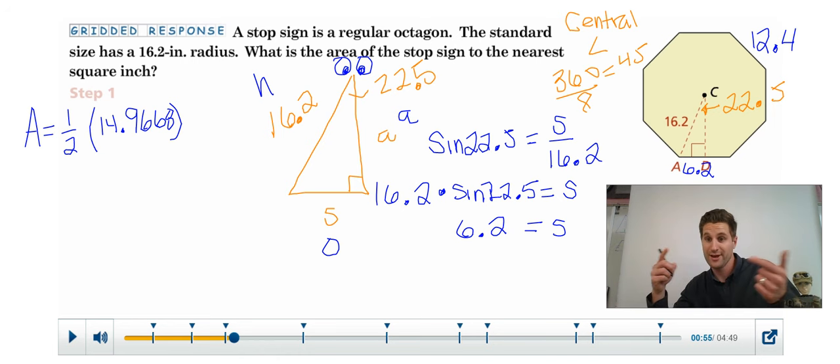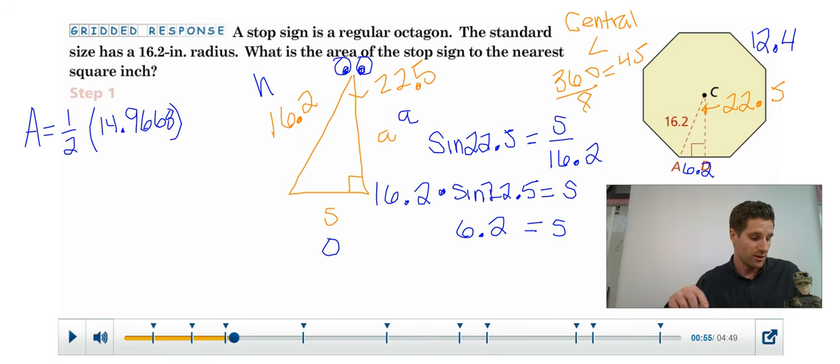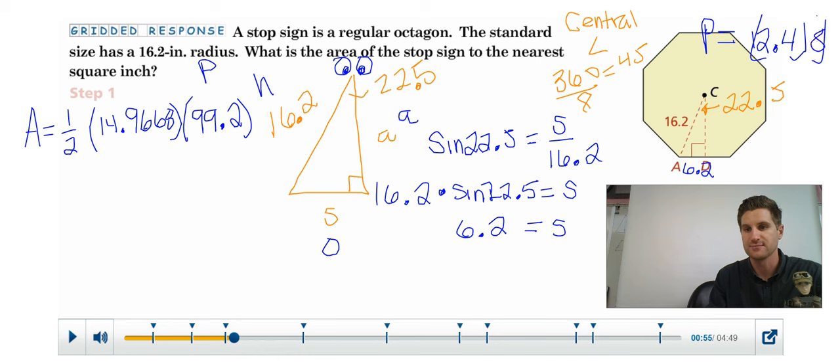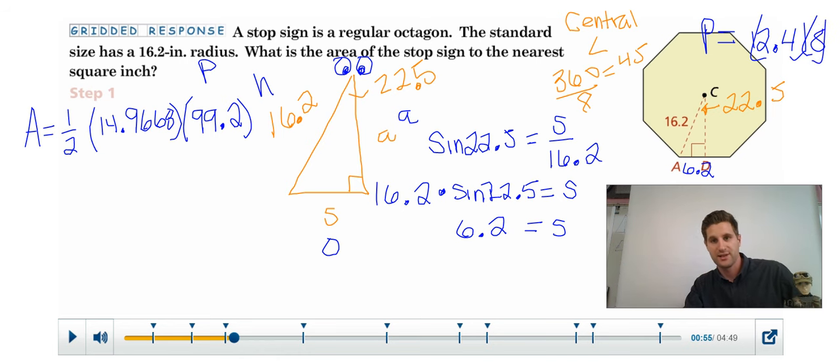And if we go ahead and multiply that number by 8, because there's 8 sides for our perimeter, we should come up with our perimeter as 99.2, and that's for the perimeter. And we did that by doing 12.4 times 8. Okay? And so that's how we got, from here, we got to that number. Alright?